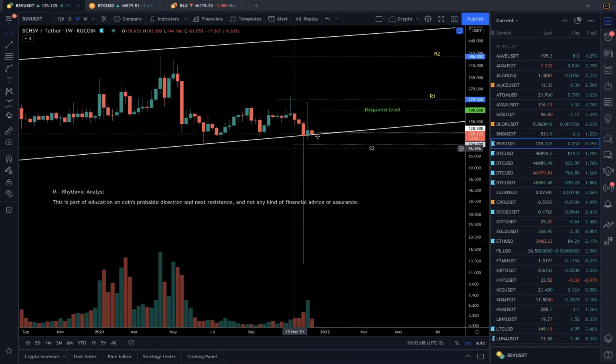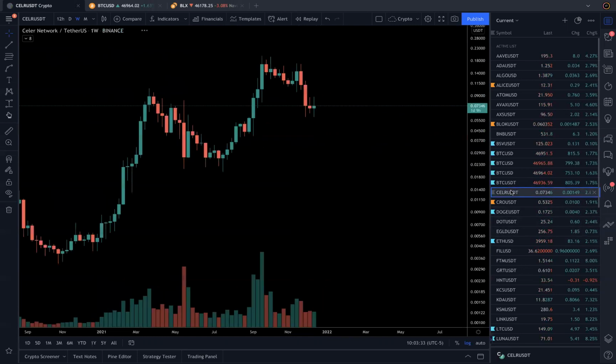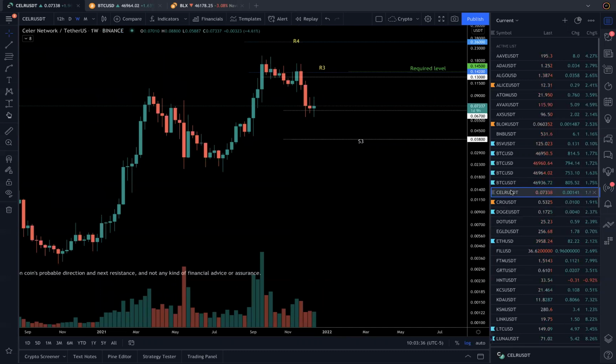And so on. So it's right now near S1 support. But this is not about in and out, in my opinion. This is not about trading, in my point of view. This would have, as I said, immense value or no value. There's nothing in between for this one. So BSV is not for trading.